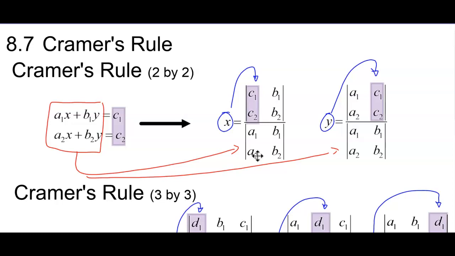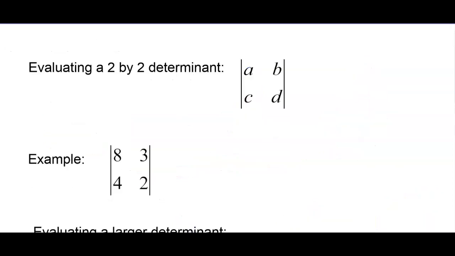They always compute down to be a number. Like here, this grid in the bottom is a number, this grid in the top is a number, and you end up with x as a fraction with a numerator over a denominator. So the real challenge with Cramer's rule, the downside, the hard part, is you have to learn how to evaluate these determinants and get the numbers out of them.